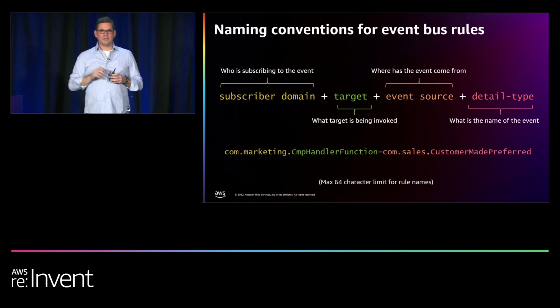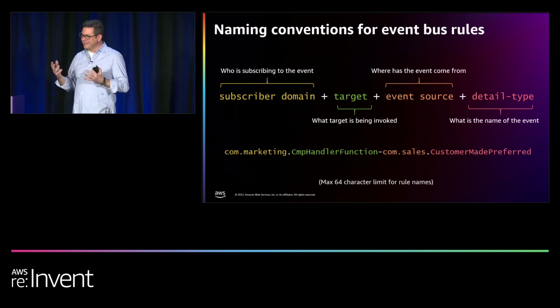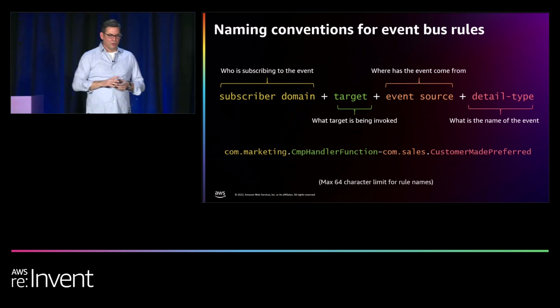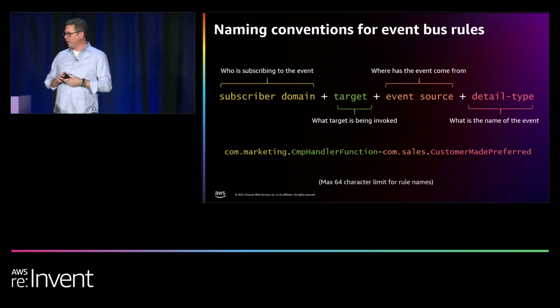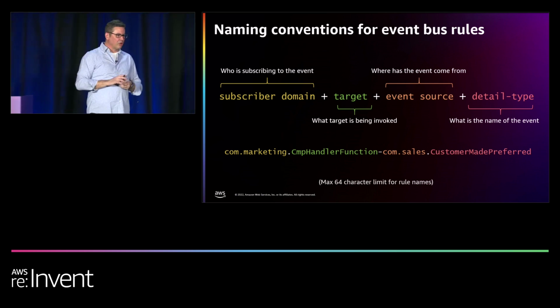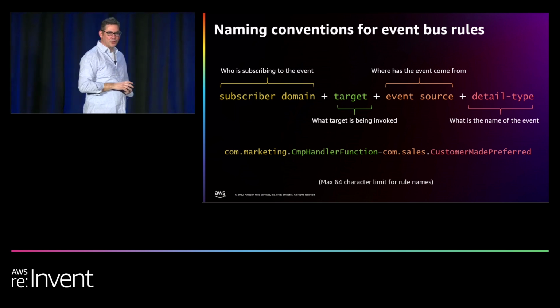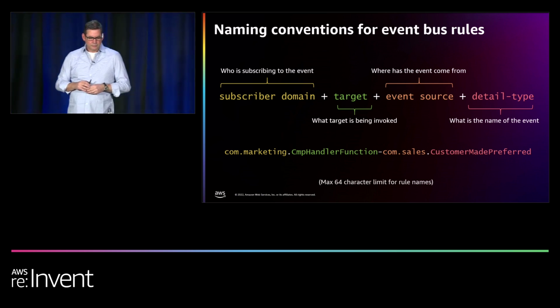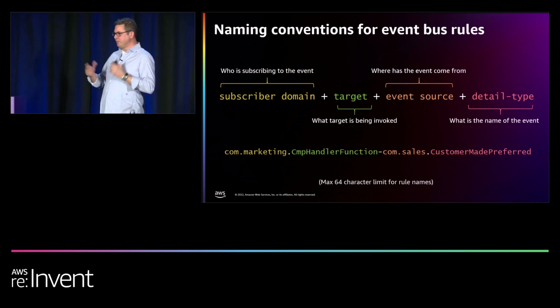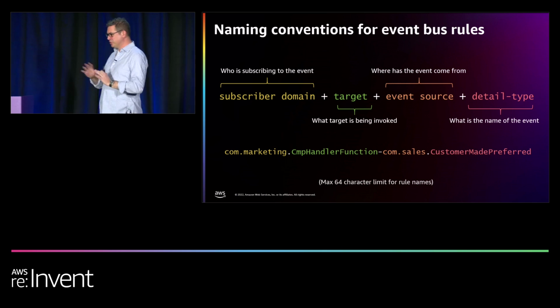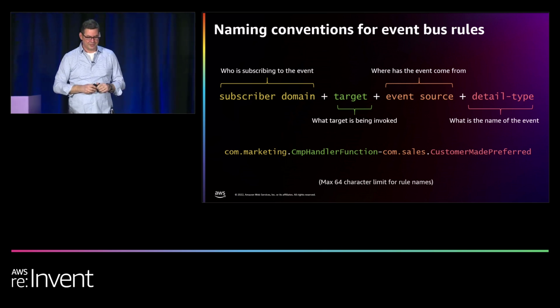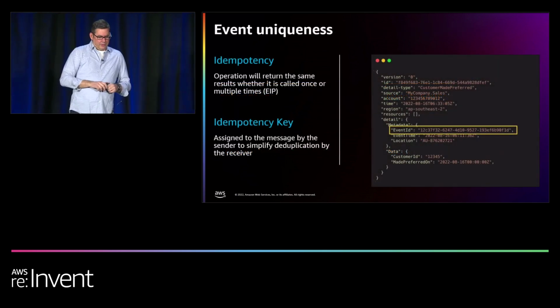This approach establishes a kind of uniqueness within your architectures, because you're basing those naming conventions on the source and detail type, which, as I said before, form a kind of composite key, thus making it unique. Now, bear in mind that just because the rule names need to be unique on an event bus, this is probably something that you should do anyway, as a good practice.